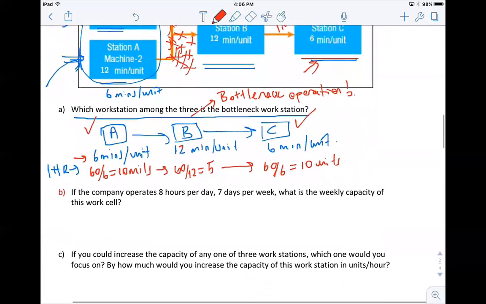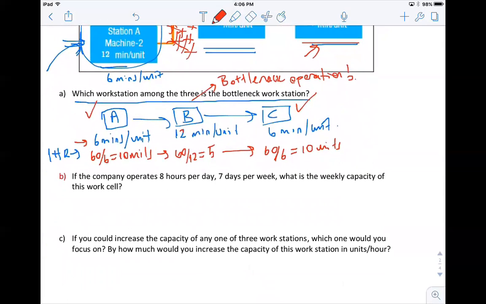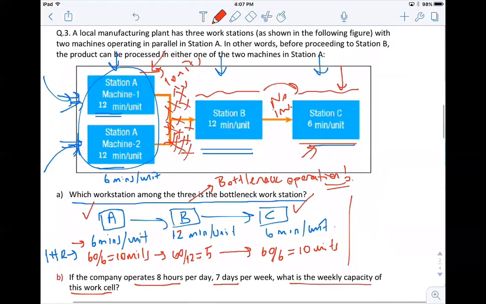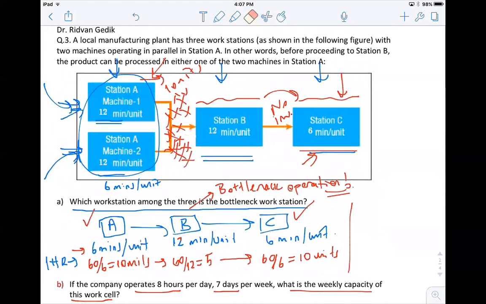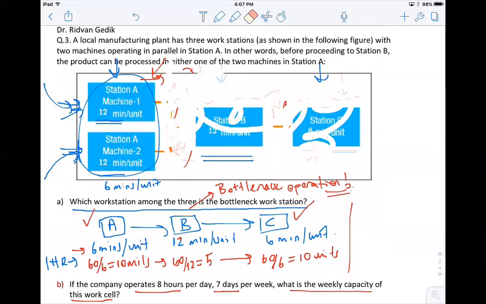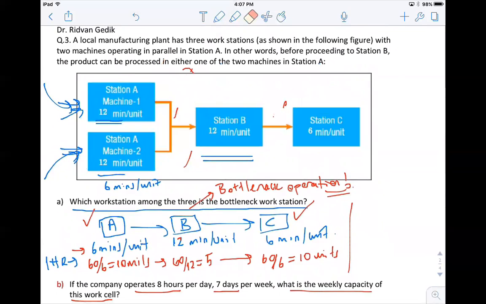So let's continue solving this question. In part B, it says that if the company operates 8 hours per day, 7 days per week, what is the weekly capacity of this work cell? Well, first of all, since the bottleneck operation here is workstation B, let's think in terms of the entire operation. Let's think what's going on if we wait for 1 hour.